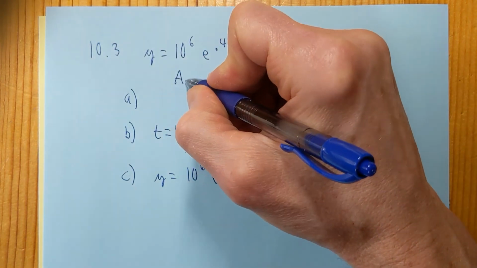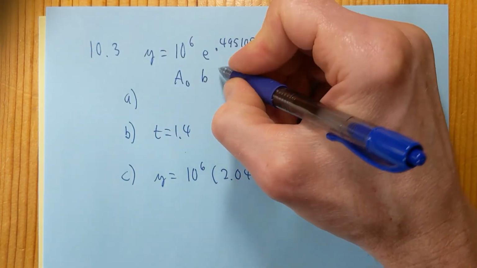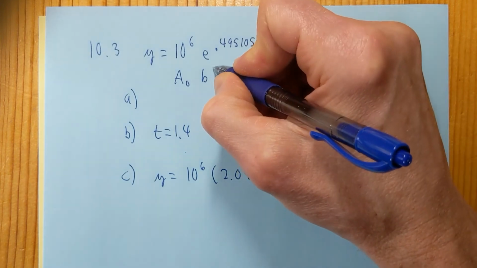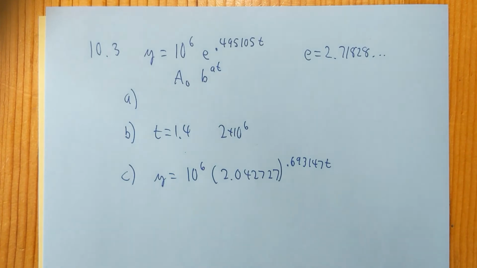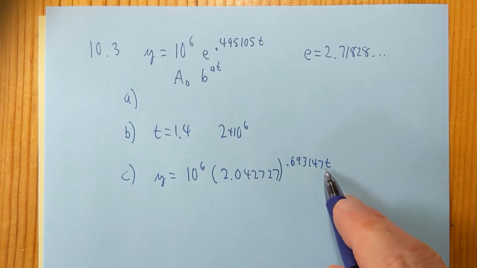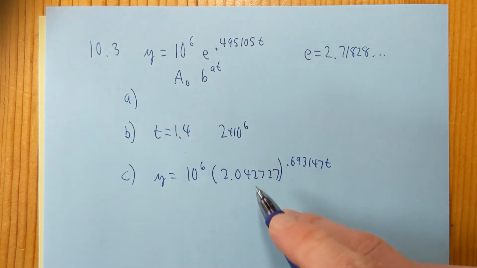Again, this is the A0 B to the t form, but this is B to the At, where our A is that thing and our base is e. And so she's got a different base, not e, and a different number up here. And you want to see if they're the same thing. Well, the 10 to the 6 is the same thing.